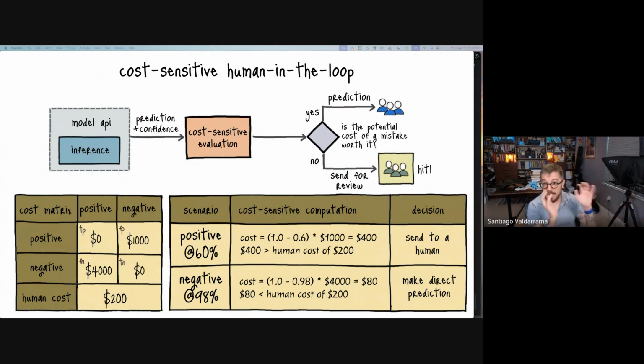But as the system adds more tasks, the cost of sending it to a human will increase automatically. And there's going to be a point where the system is going to say, you know what? I cannot send that many tasks anymore because now it's cheaper for me to try to make a decision. Because if I send it to a human, the cost is just too high to send it to a human. So you get this beautiful system that's going to auto-regulate by you modifying the cost of sending it to a human.